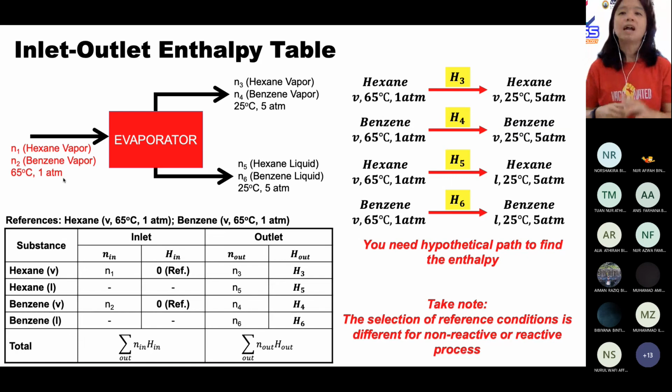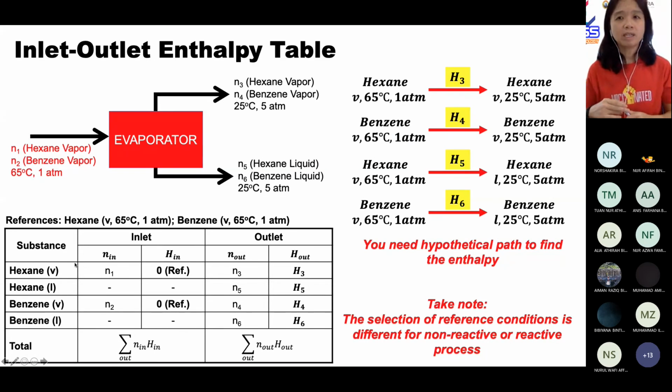So you must understand that if there is a change in temperature, pressure or phase between inlet and outlet, you have to calculate the Q. Okay, so that is the first step, complete the block diagram first.